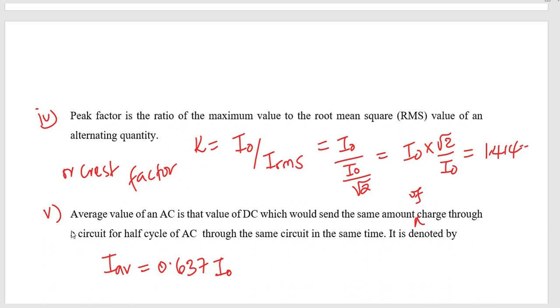Part 5 of this question. The average value of an AC is that value of DC which would send the same amount of charge through a circuit as half a cycle of AC through the same circuit in the same time. If it is current, then the average value of current will be 0.637 times the maximum value.